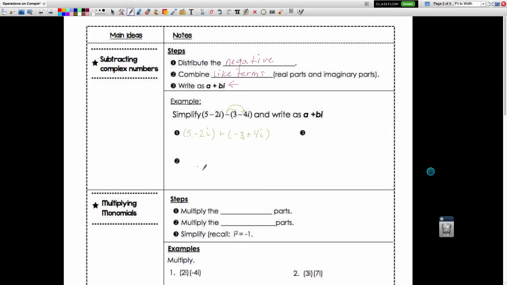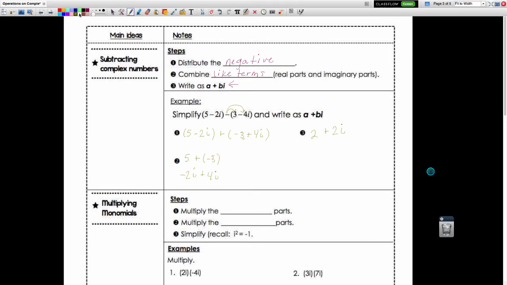Combine your like terms, so 5 plus a negative 3, and then you have a negative 2i plus 4i. Write your answer in standard form. 5 plus negative 3, 5 minus 3 is 2, and a negative 2i plus 4i is a 2i.